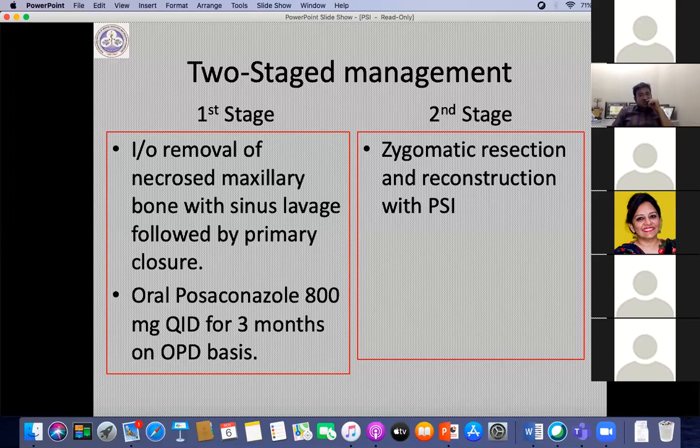So in the first surgery, we removed the involved maxilla, did a sinus lavage, and put the patient on oral posaconazole, 800 mg QID for 3 months on OPD basis. We didn't admit the patient, and we didn't start lyophilized amphotericin B. The second stage, after a few months, we planned the zygoma resection and reconstruction with PSI.